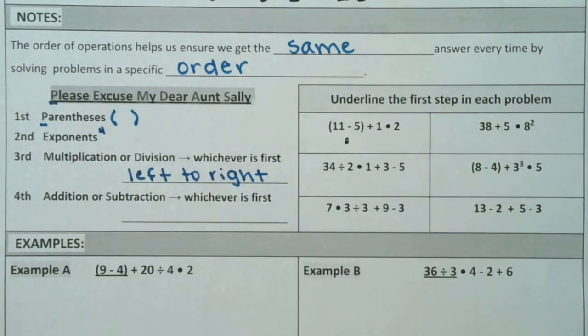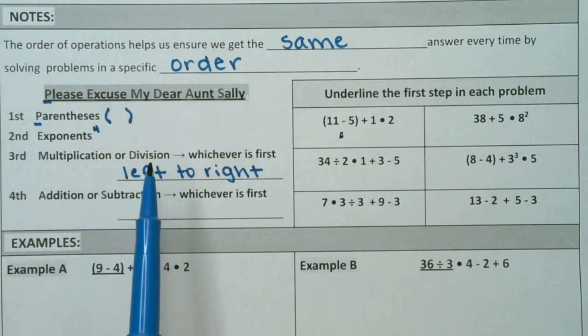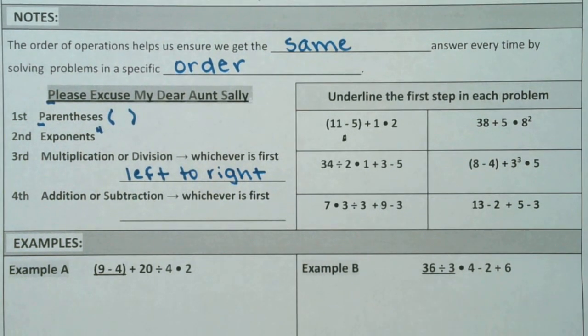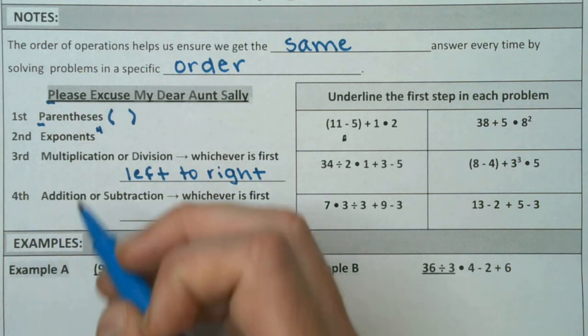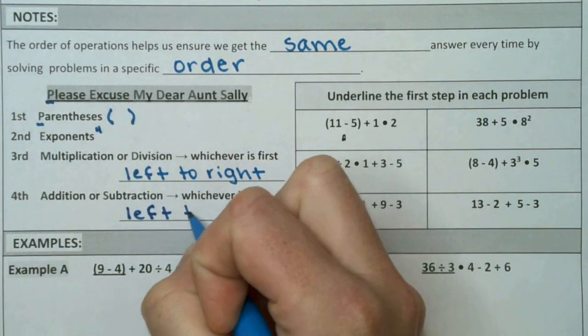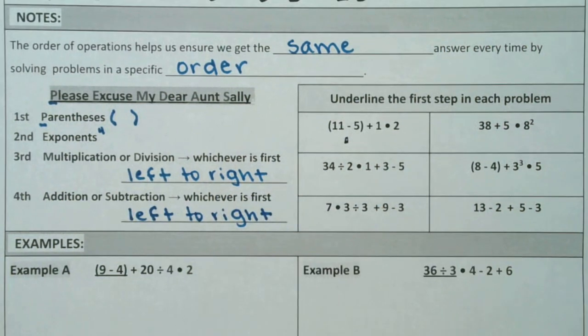So when you read the problem out loud, just like you're reading a book, did multiplication come first or division come first? That's how you'll know what's more powerful. And then our least powerful operation, addition and subtraction, also equally powerful, and you'll do whichever one comes first, left to right.